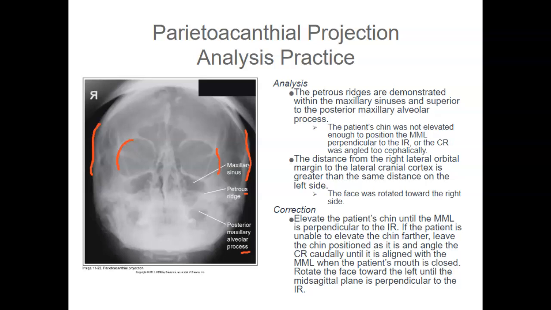As you can see, the petrous ridges are demonstrated within the maxillary sinuses and superior to the posterior maxillary alveolar process. This lets you know that we have insufficient chin elevation to place that mental meatal line perpendicular to the IR.